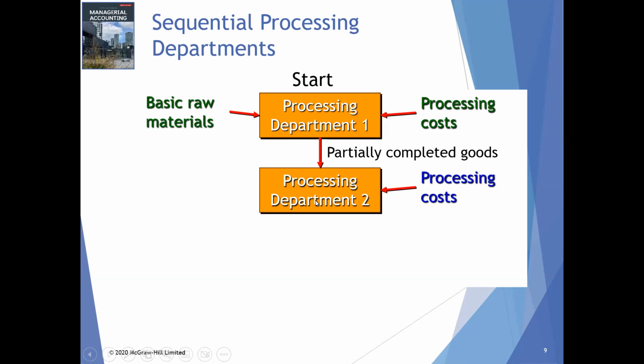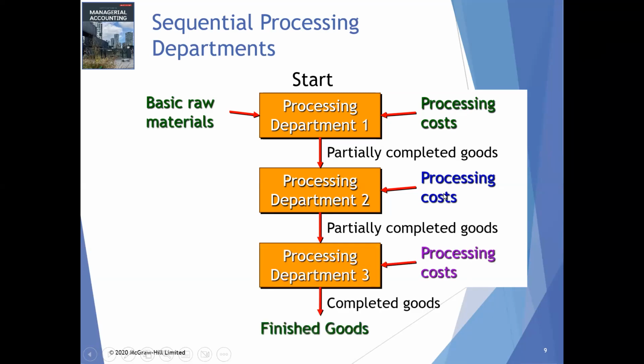So in department 2, some of the processing cost will be incurred, maybe the labor or some other material may be required, right? So that is processed. Then partially completed goods will go to processing department 3. Then some processing cost will be incurred, maybe labor cost or overhead cost. Then completed goods and finished.